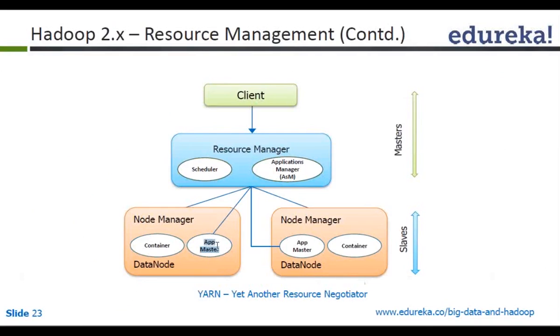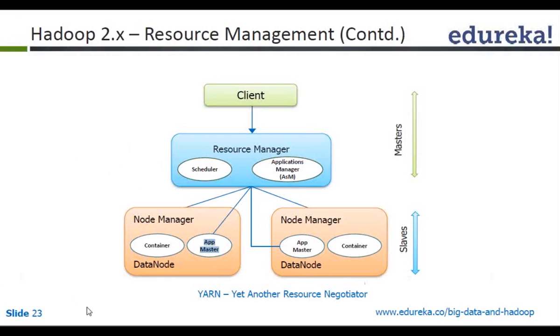App master is the component which is going to take care of the life cycle per job. That is the difference between both of them. Cool? Got it, Kiran? So the job can wait because it is done as batch, so resource manager doesn't need a real backup. That's correct.